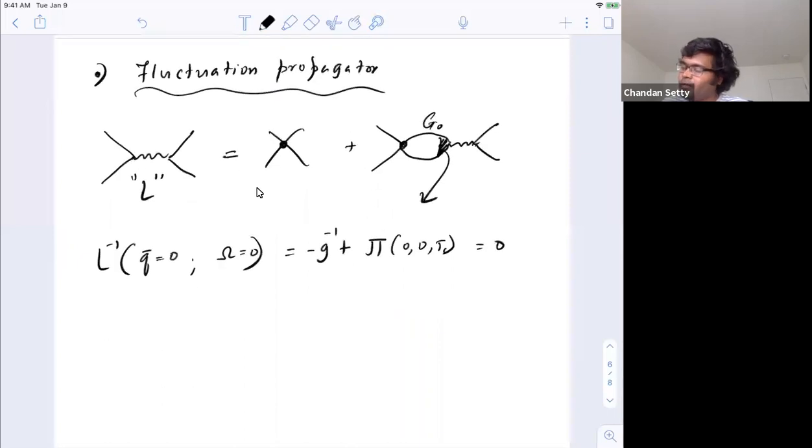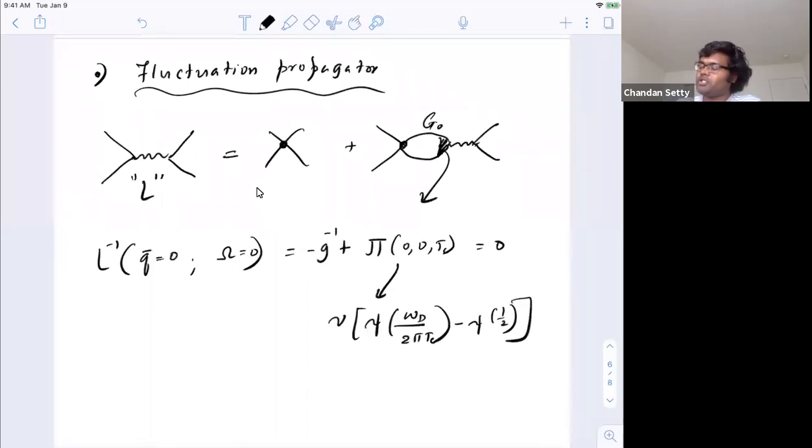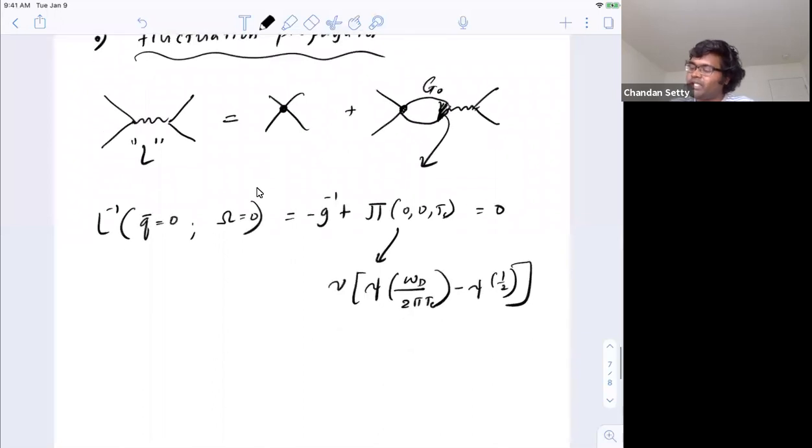And what you end up with is, you can evaluate what this bubble is in this limit, and you'll find that it is some density of states times some digamma function, which depends on Tc. And you solve the equation for Tc in the limit of large omega d. So omega d here is some cutoff. It could be phonons, it could be spin fluctuations, whatnot.